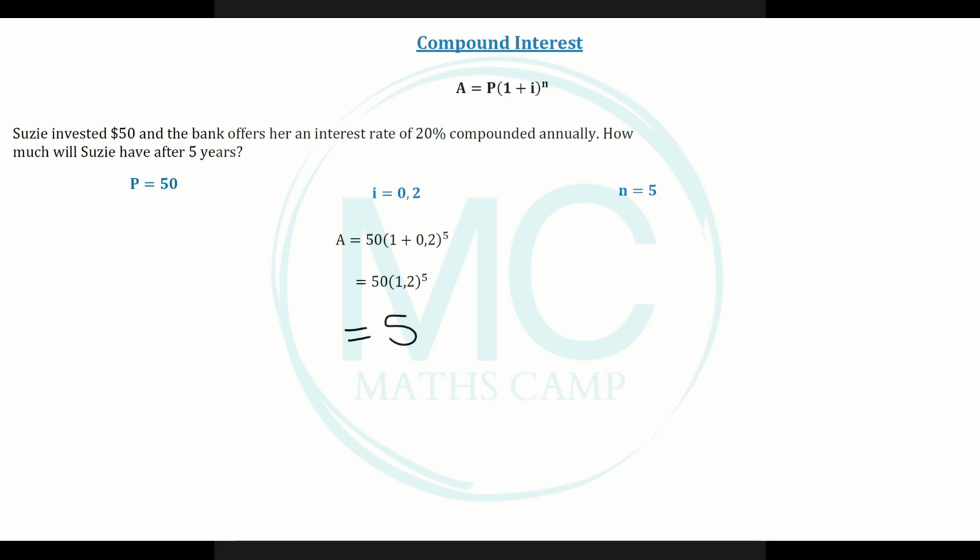Now we have 50. Open our bracket. 1,2 to the power of 5 is 2,48832. Finally, let's multiply the bracket by 50, and we get 124,416.